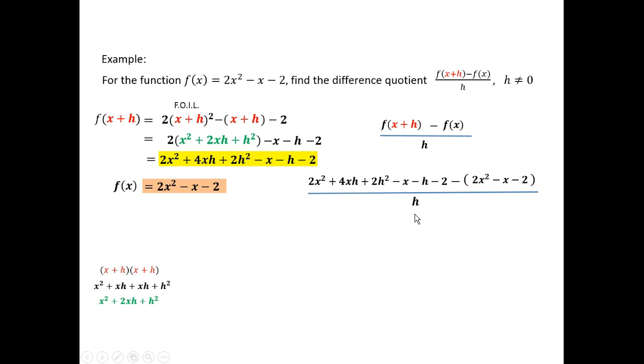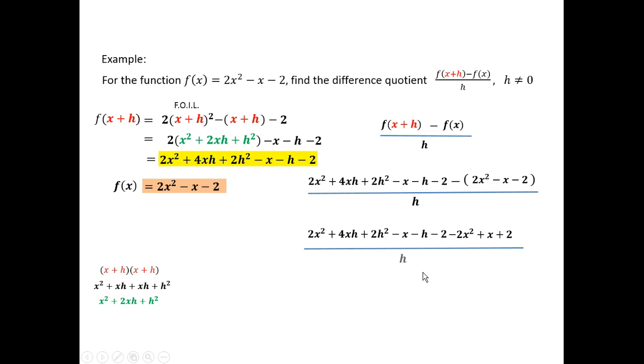From here, it's just a matter of simplifying everything. I need to distribute my negative sign through parentheses to get rid of them. So when we do that, we get 2x squared plus 4xh plus 2h squared minus x minus h minus 2, and this becomes minus 2x squared. That's going to be plus x, and that's going to be plus 2.